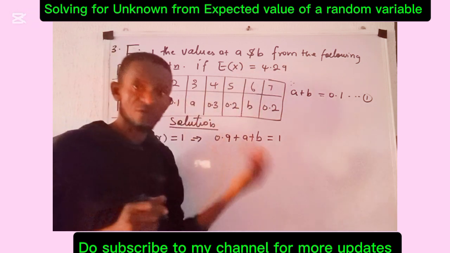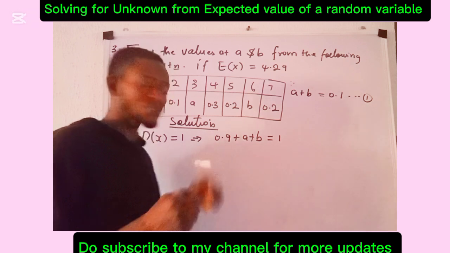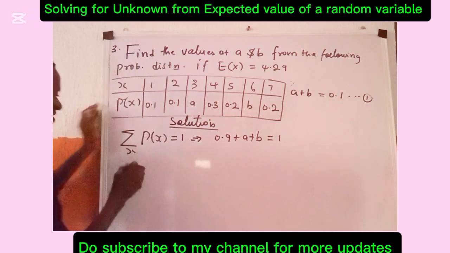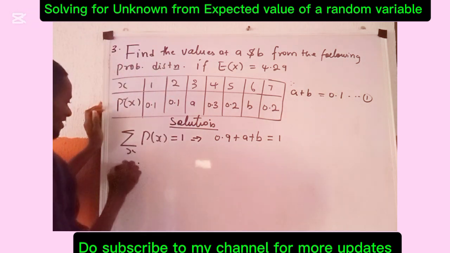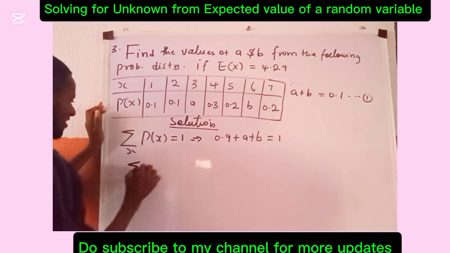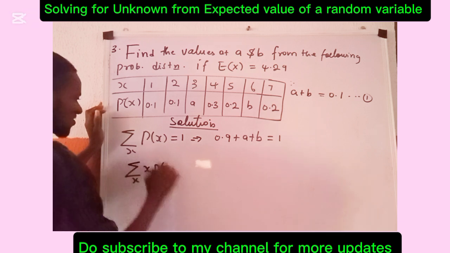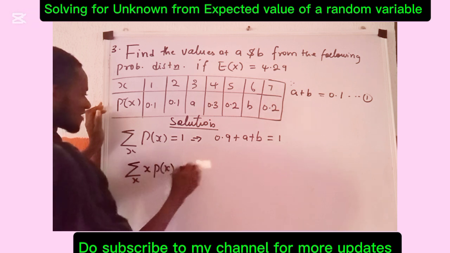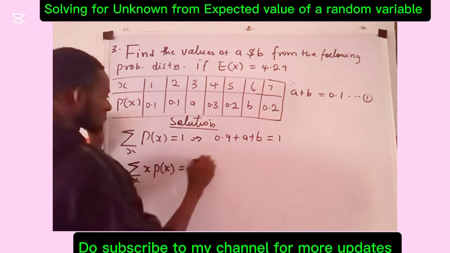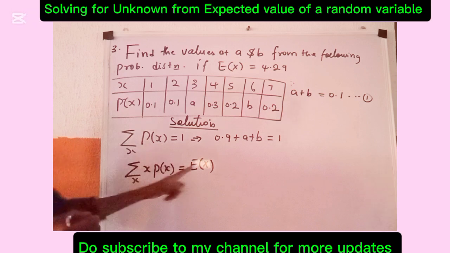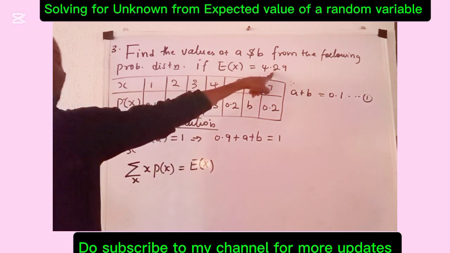And you and I, of course, already know from our past question that the expected value is given as the sum over the range of x of x times P of x, which is E of x. And my E of x is given to me to be this.